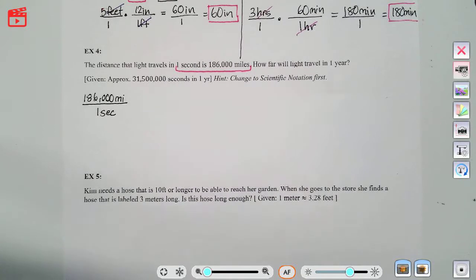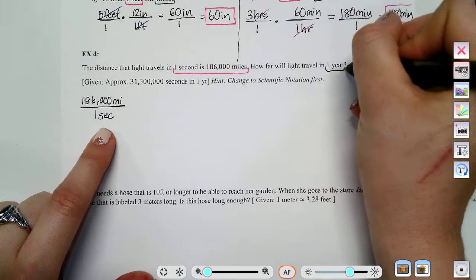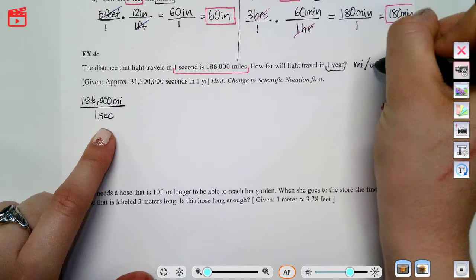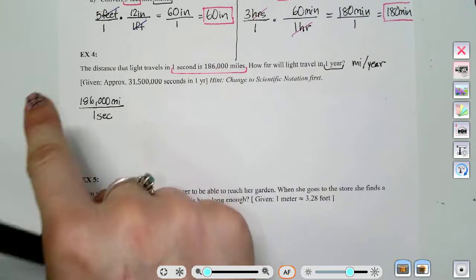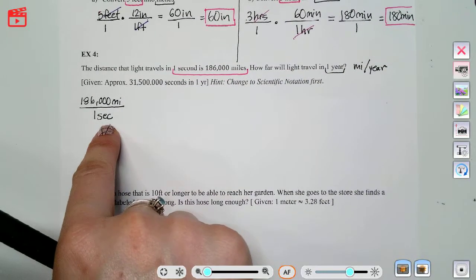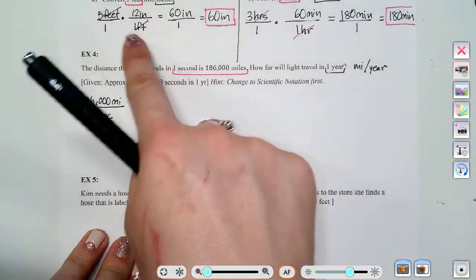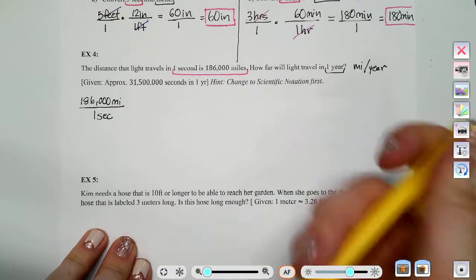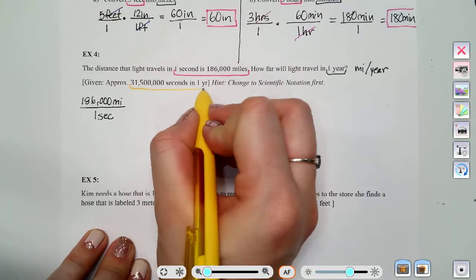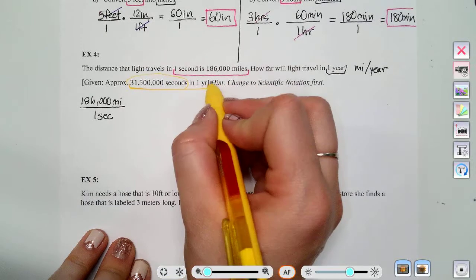And our goal is to find out, instead of miles per second, miles per year. Okay, so we want to get rid of the seconds. Same thing as we did in the above ones. We're going to try and multiply it by an equivalence, which they actually give us right here. We know that there are this many seconds in 1 year.